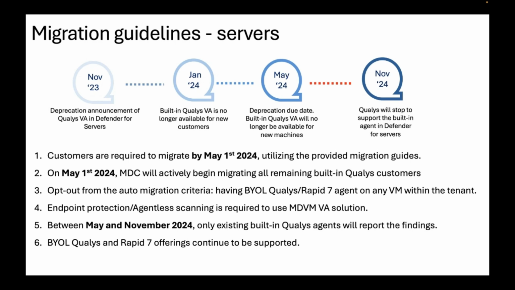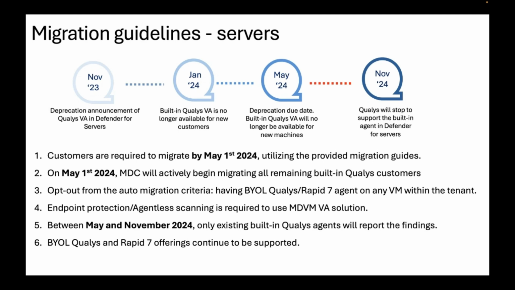Going forward, in May, we will deprecate the solution overall, which means that as of then, the built-in Qualys vulnerability assessment will also no longer be available for existing customers for their new machines. So it's not only a subscription, also if you have a subscription that is covered by Qualys as of May, if you create a new virtual machine, it will not benefit from the Qualys vulnerability assessment anymore.